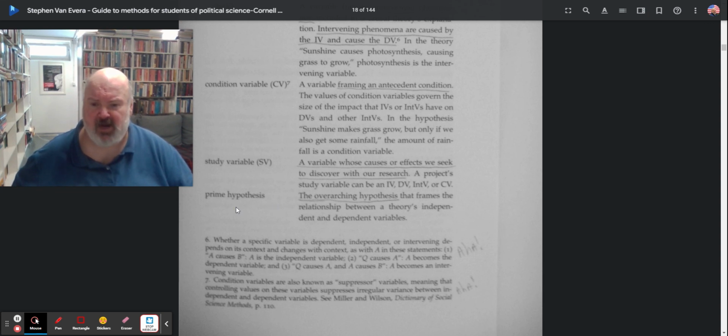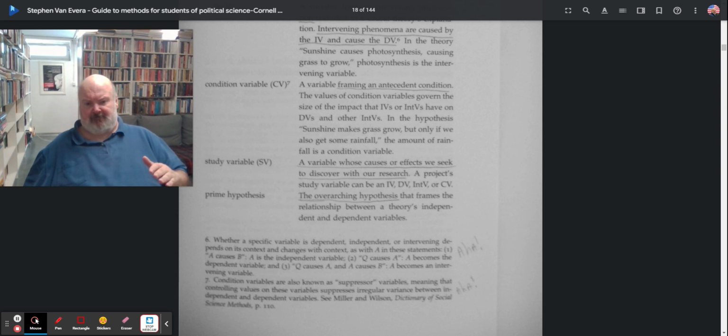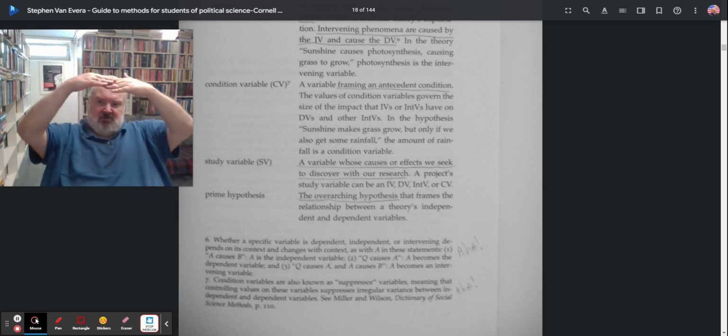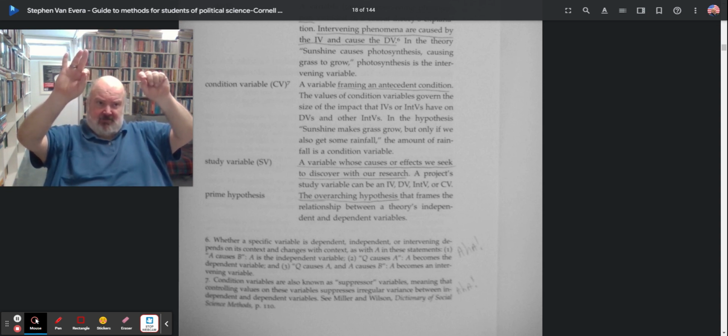Now, what is the prime hypothesis? This is interesting. The prime hypothesis is the overarching hypothesis that frames the relationship between a theory's independent and dependent variable. How does the IV connect to the DV?